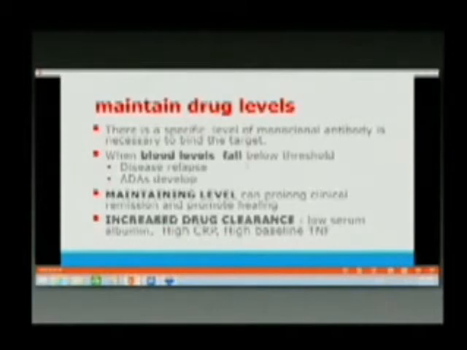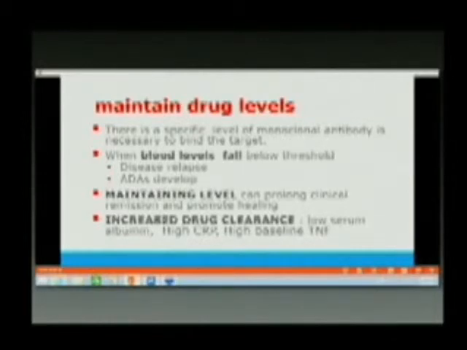When blood levels fall, it's been shown that disease will relapse and your antibodies develop. When your antibodies develop, then you're prone to having infusion reactions, not to mention, again, less mucosal healing. So you have to maintain that level to prolong your clinical remission and, of course, promote your healing.